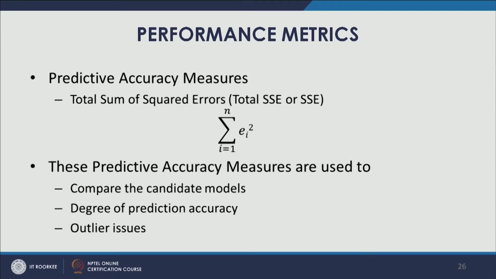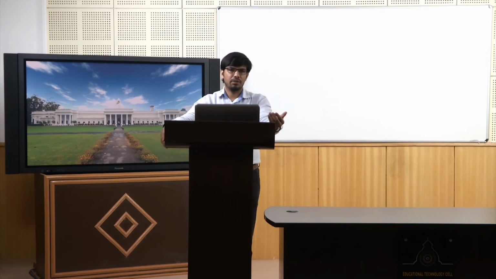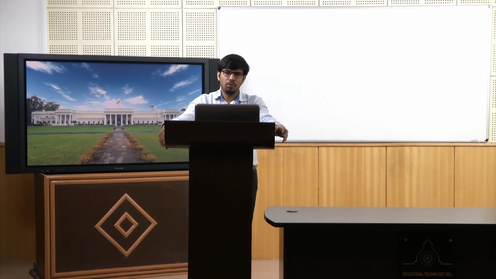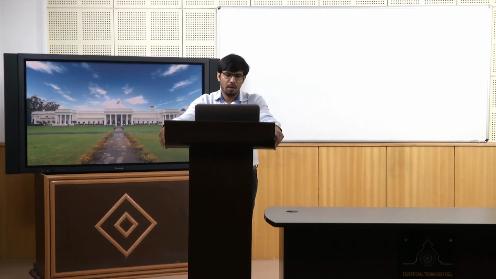What does this particular metric indicate? It gives us the overall sense of error given by the model. If we are comparing two models, we can look at the SSE value for model 1, model 2, model 3 and onwards, and this value will also give us a sense of which model is performing better.